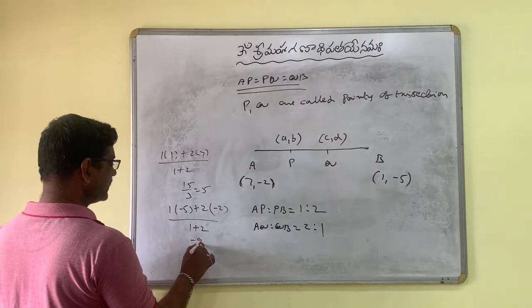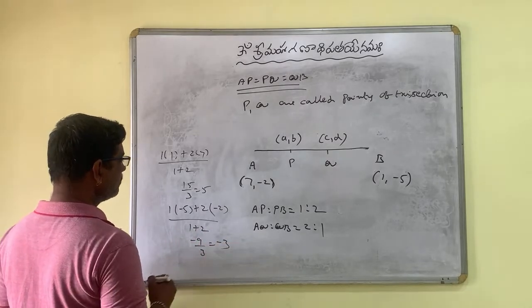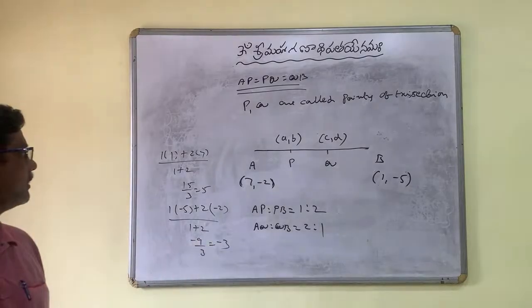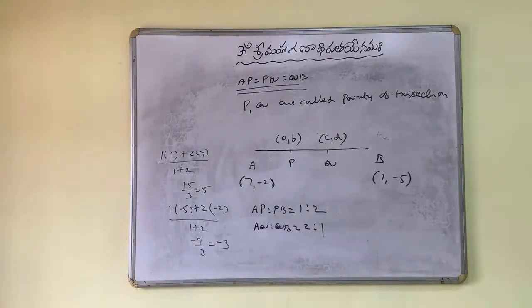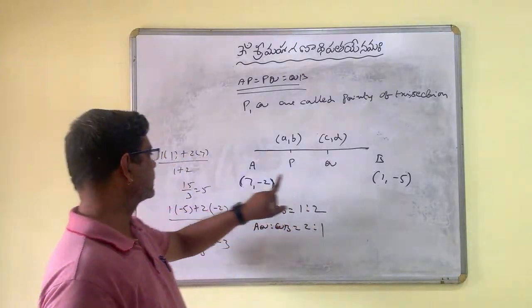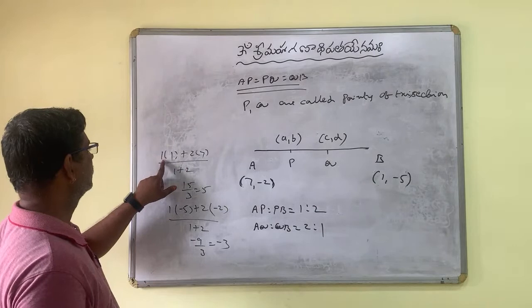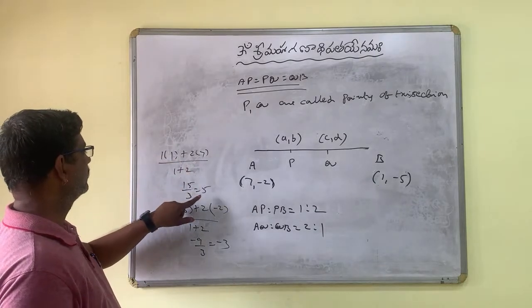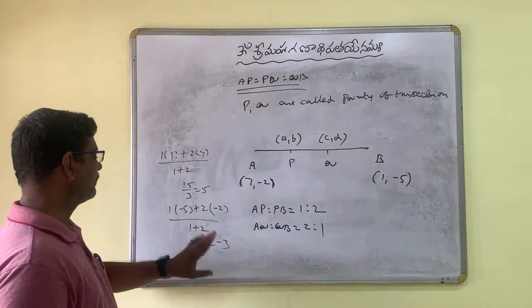Minus 5 minus 4, minus 9 by 3, minus 3. A5, B minus 3 correct.